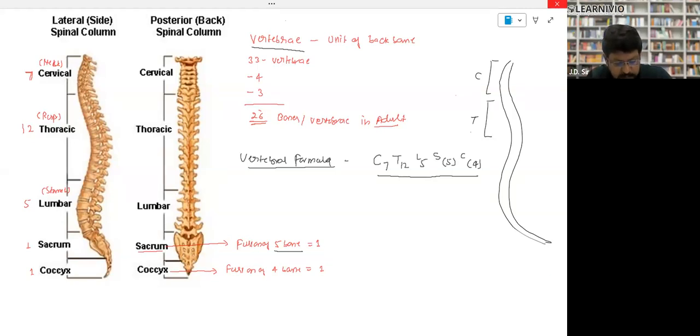The vertebral column is about 70 centimeter long. Next point. It is made up of 33 vertebrae.